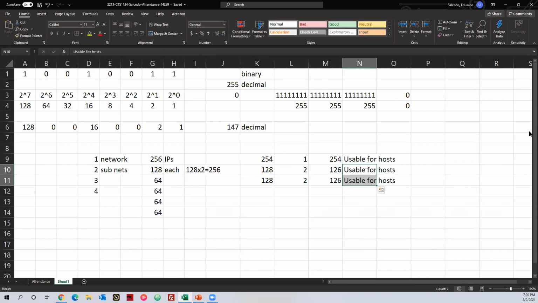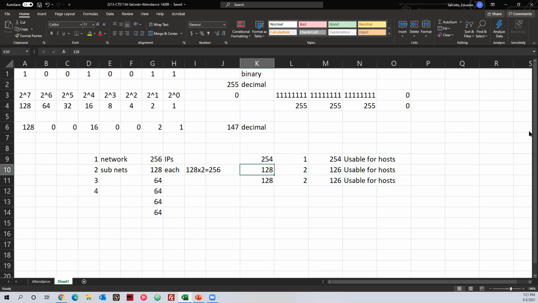The drawback of using subnets is that you have to lose one for the network itself, the little subnet that you created, and another one for broadcast, and everything in between becomes a host. So initially you can only use 254 out of the total of 256.